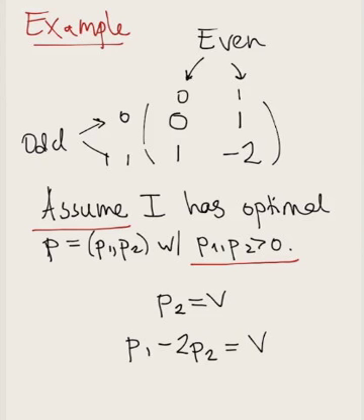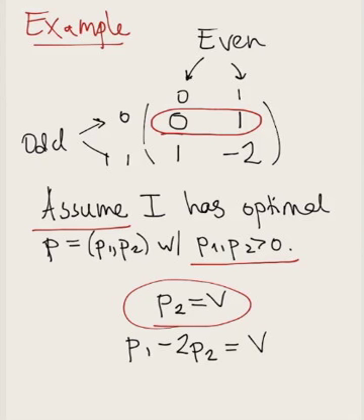Now, if he chooses row number 1, then the sum on the previous page boils down to this simple equation. P2 equals V, the value of the game.